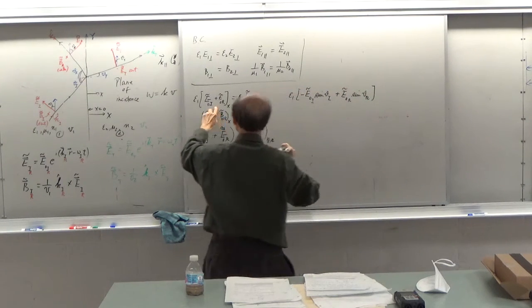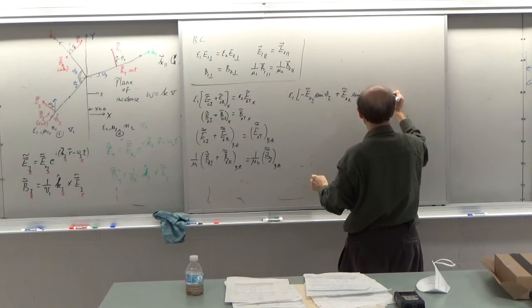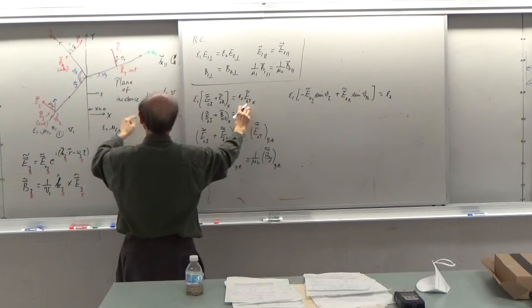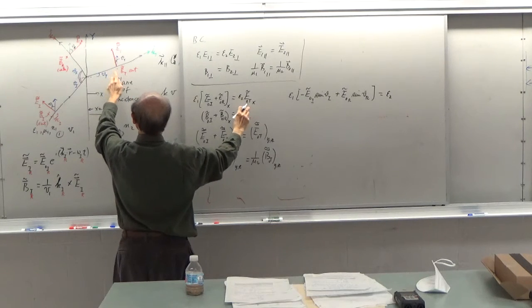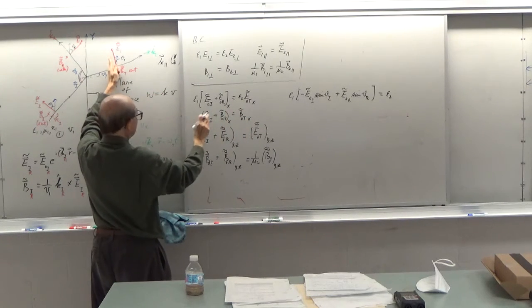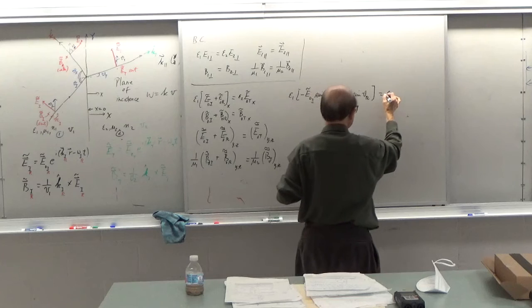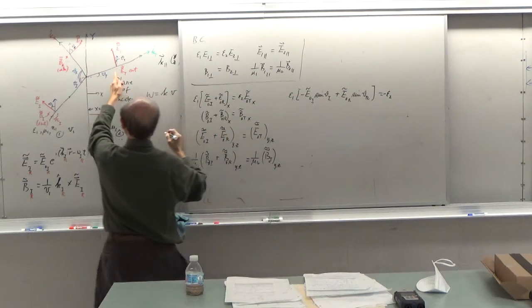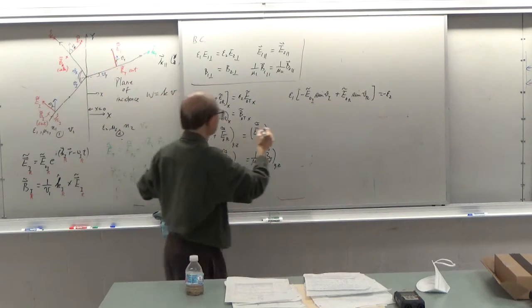The left hand side of this is equal to epsilon 2 times the transmitted beam E_T, and I want the x component. The x component is in the opposite direction, so that's a minus sign times a minus sign, and along this direction, so it will be sine theta t.